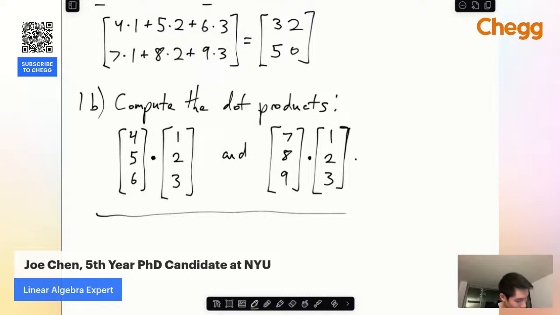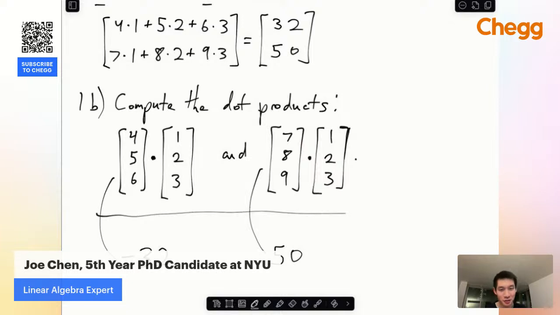So this first dot product is just equal to the answer that we got, 32. The same goes for the second: the second dot product is exactly the computation we did up here, and this is 50.